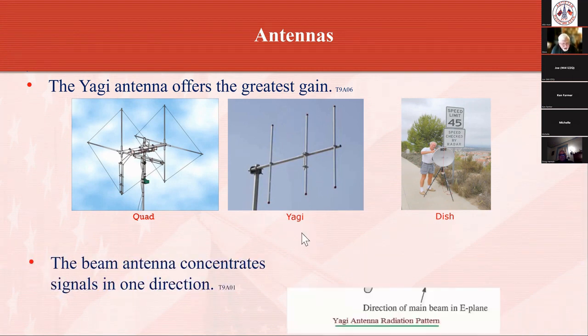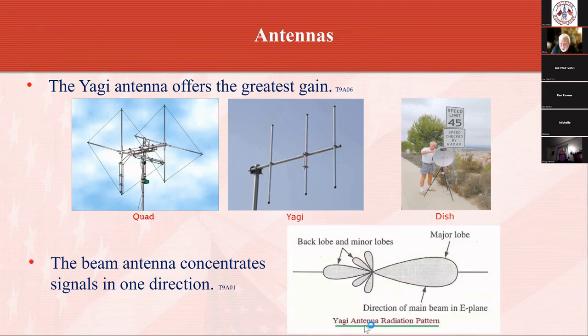The beam antenna concentrates signals in one direction. Here's a Yagi radiation pattern. And again, if I were to walk around the antenna at a constant distance and make measurements, I would plot this particular graph. In this pattern, the biggest lobe is called the main beam, just like the beam of a flashlight.